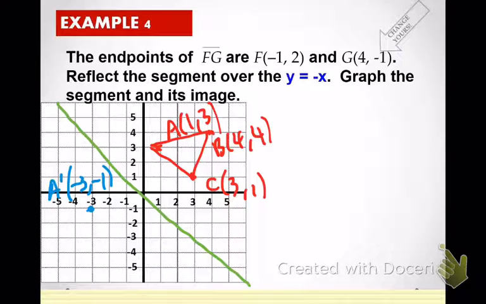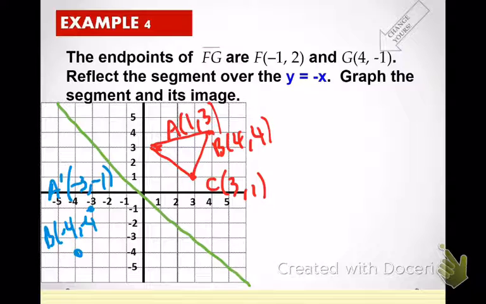Somebody tell me what B would be. Kenzie, what do you think B would be? Kayla? Negative 4, negative 4. Right. We switch the order, but it's the same value, so it doesn't really matter. But they both become negative. So it's negative 4, negative 4. That's B prime.